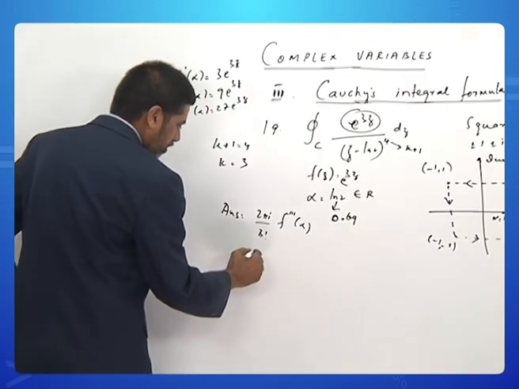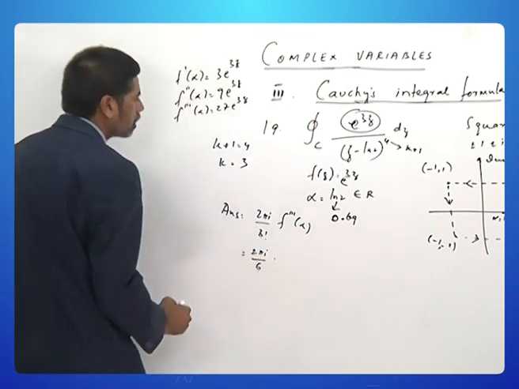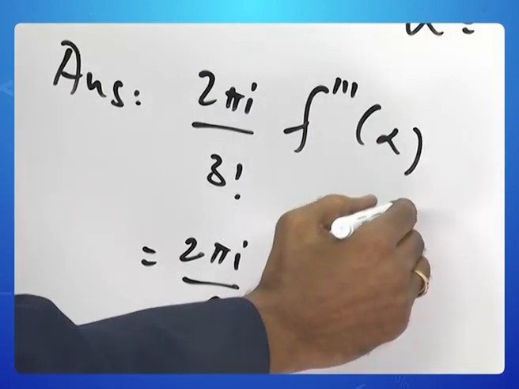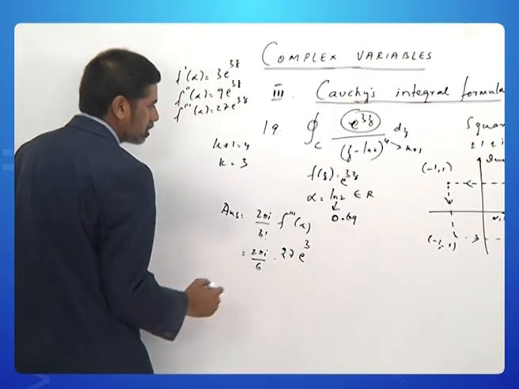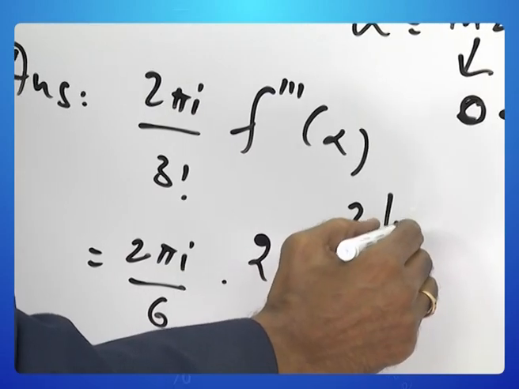So when you apply it here, you will get 2 pi I by 6 into 27 e power 3 alpha. Alpha is nothing but log 2.